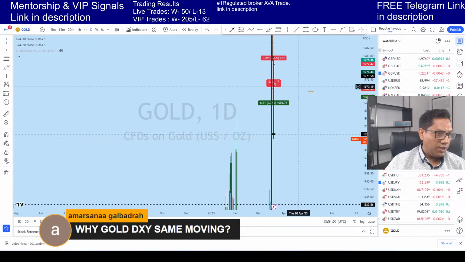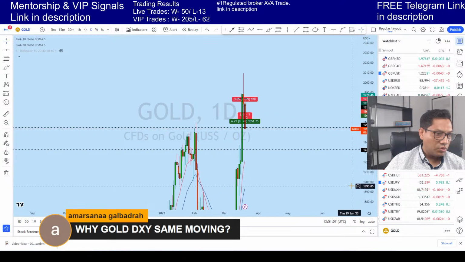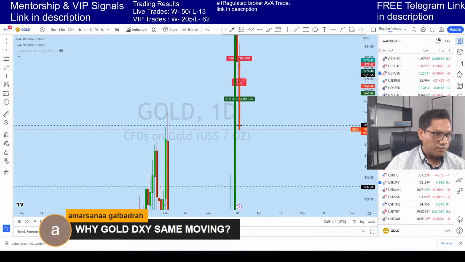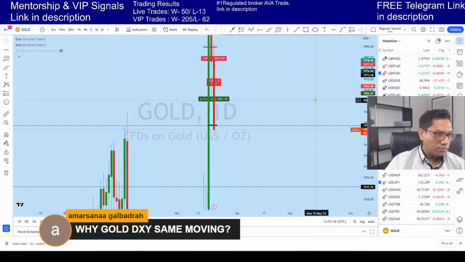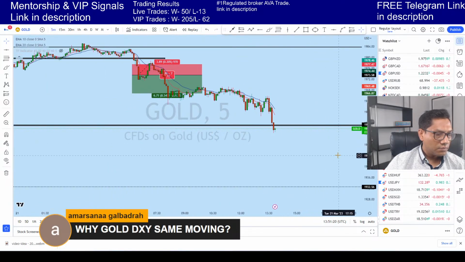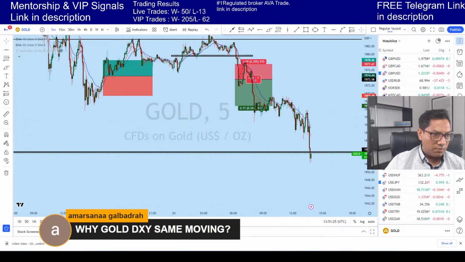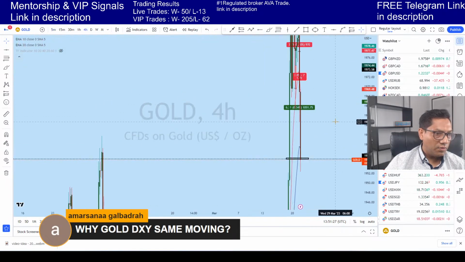If I look at the daily, we can see that the price has come to this level where there is a very important level. We see the bullish move coming up now.